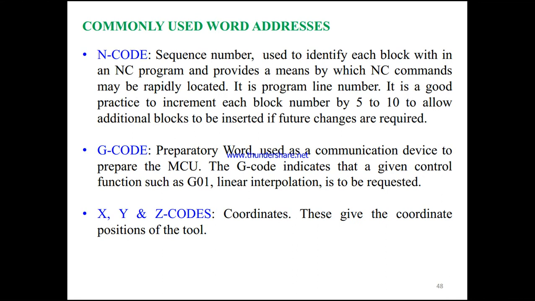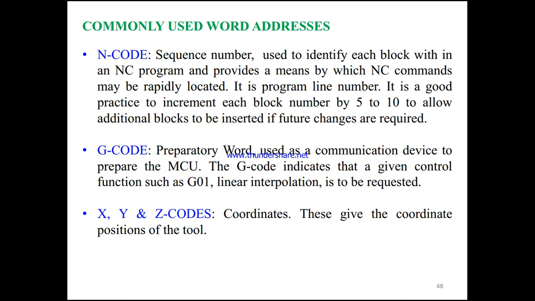So commonly used word addresses are the N code, G code, and XYZ codes. The N code is the sequence number used to identify each block within any NC program, and it provides a means by which NC commands may be rapidly located. It is the program line number.